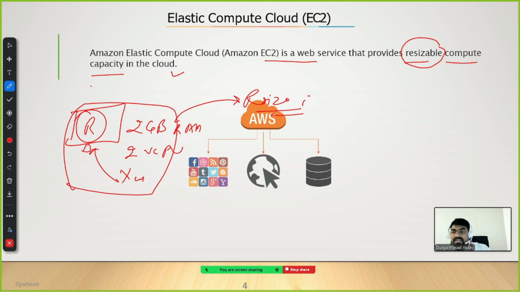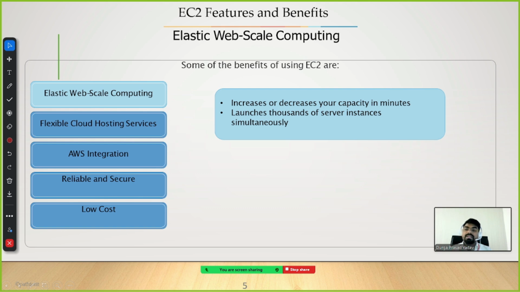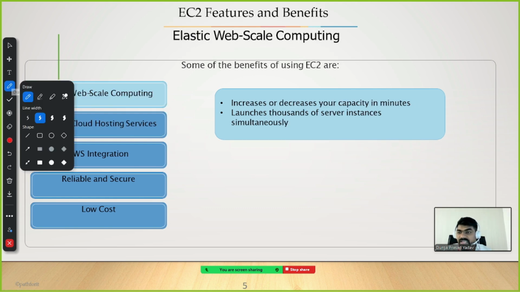Further, if you go and see into the same EC2, you will see so many things here. For example, you will see the purpose, the features and benefits. The first feature is elastic web scale computing.